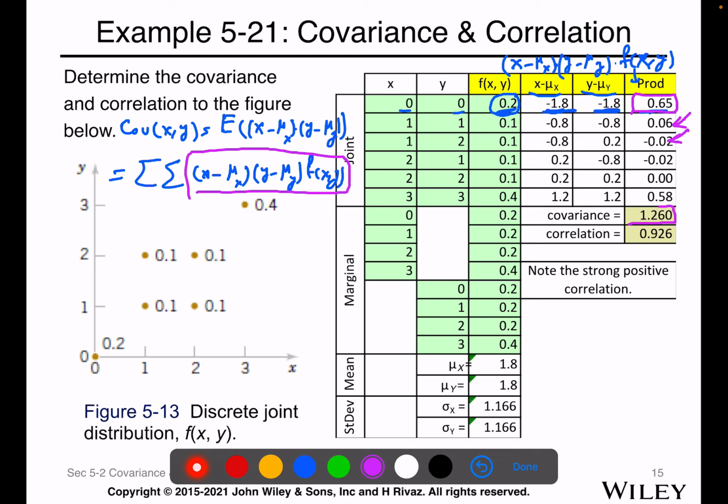So the number that I get is the covariance. And to compute the correlation is covariance divided by sigma x times sigma y, right? So you basically normalize it. And then our correlation is going to be 0.92.